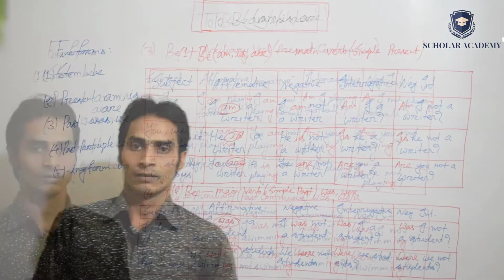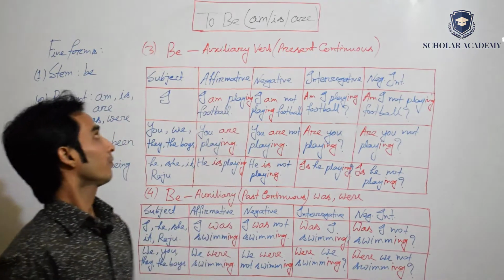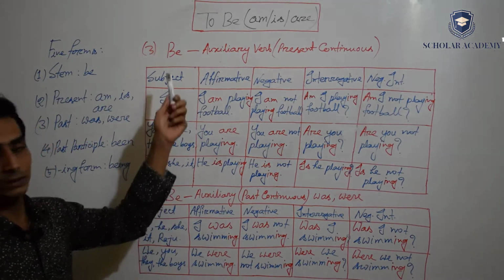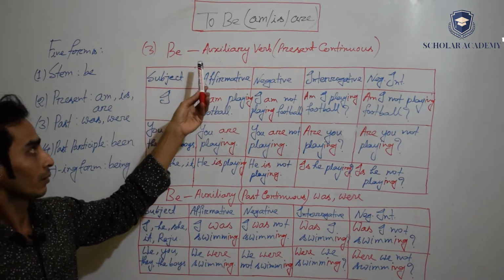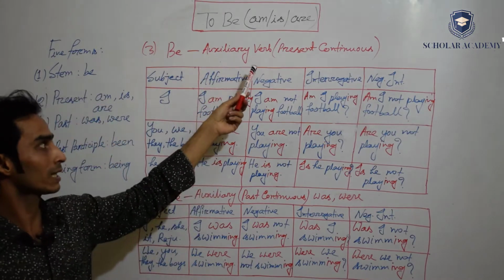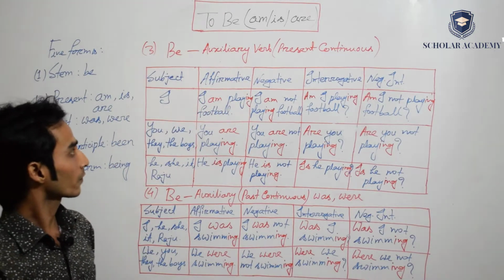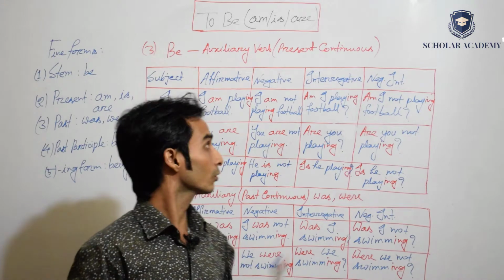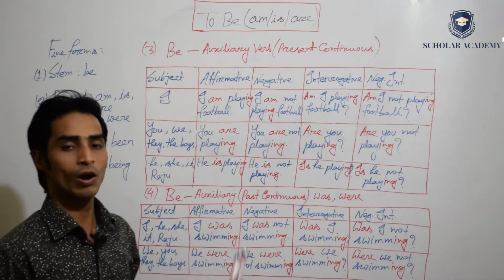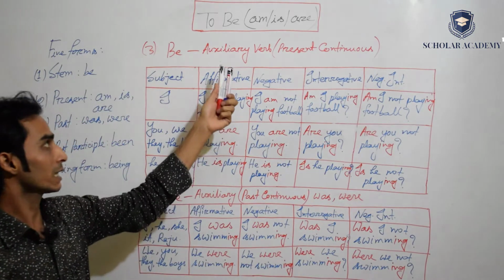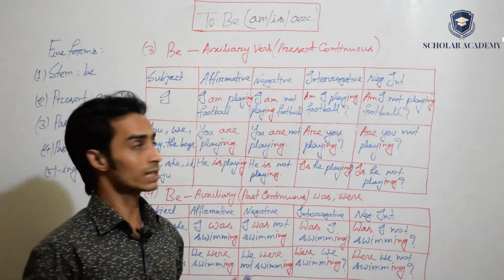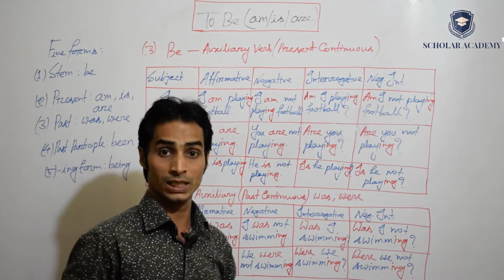Okay, well, another use of be is as an auxiliary verb to form the continuous, to denote the continuous aspect of an action. That means it is used as an auxiliary verb in the present continuous tense and past continuous tense.